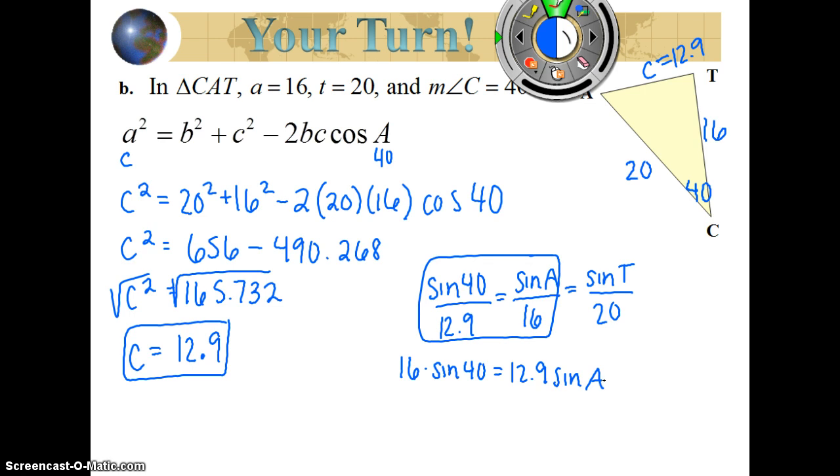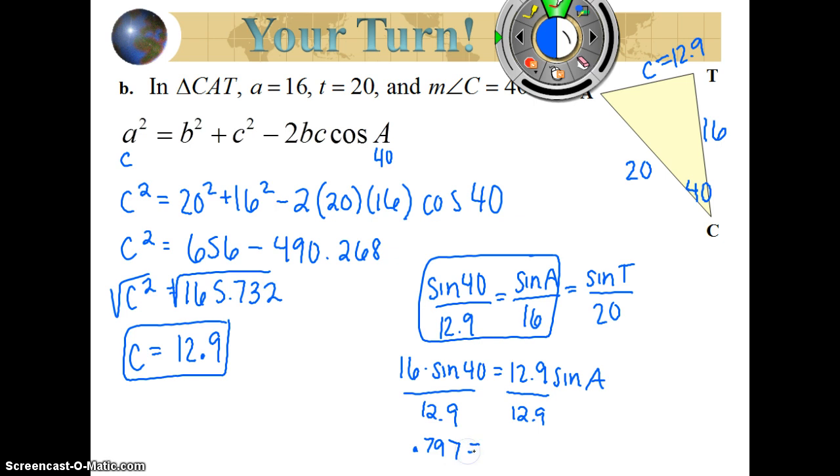I need to get A by itself, so first I need to divide by 12.9. So we have 16 times the sine of 40 divided by 12.9. We get 0.797. Let's just pick 3 places for now.